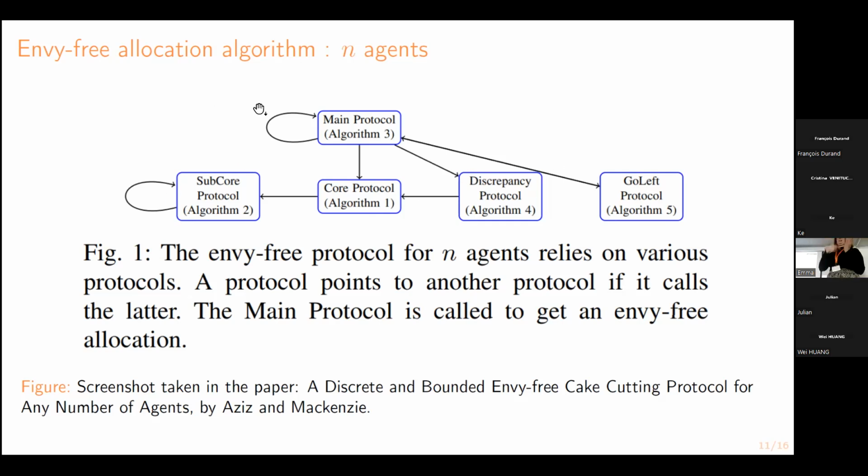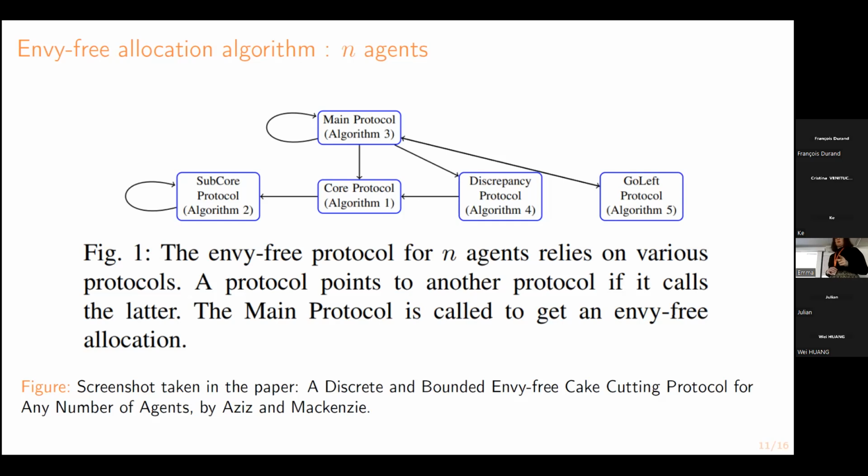It's a really complicated algorithm that I don't want to go into in detail, but just know that it's based on the same principle: you ask one agent to cut into equal parts, and then you do partial allocations, and then you do swaps. If you want to look at the algorithm, it's in this paper, "A Discrete and Bounded Envy-Free Cake Cutting Protocol for Any Number of Agents."